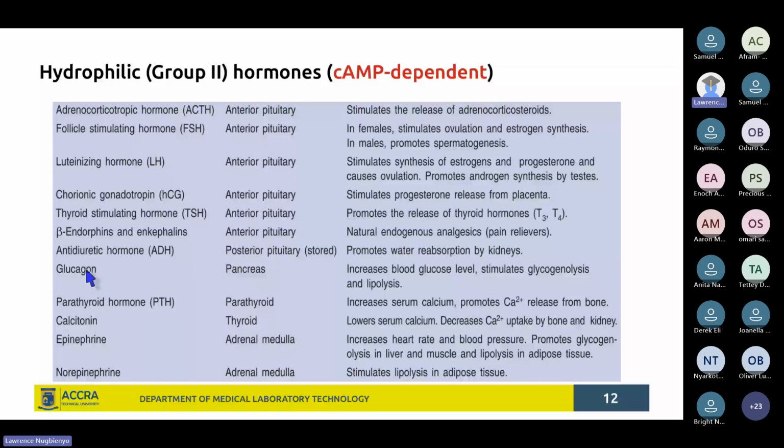And norepinephrine, same thing, stimulating lipolysis in the adipose tissue. So you see, adrenaline and noradrenaline are regulating similar activity as glucagon does. So that is for the hormones that have cyclic adenosine monophosphate as their second messenger.